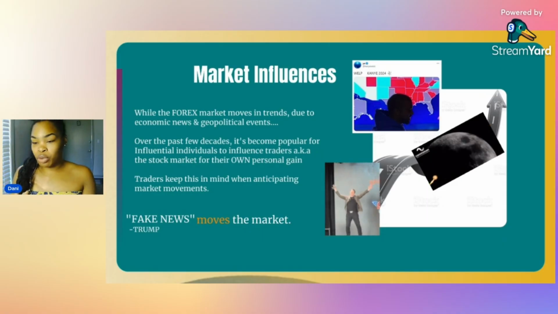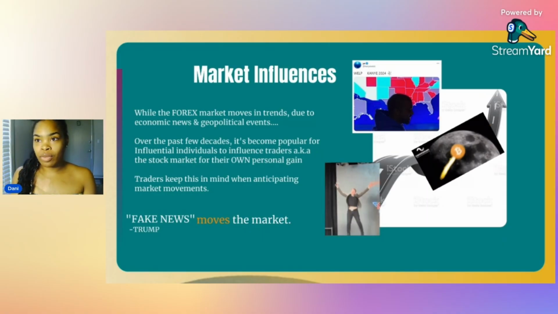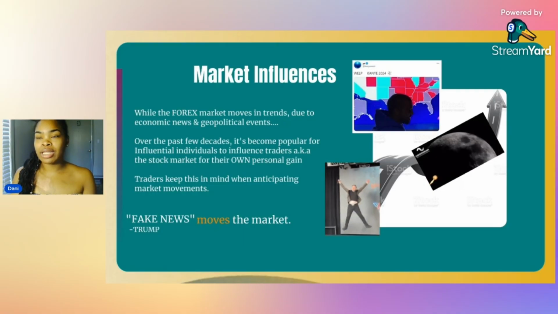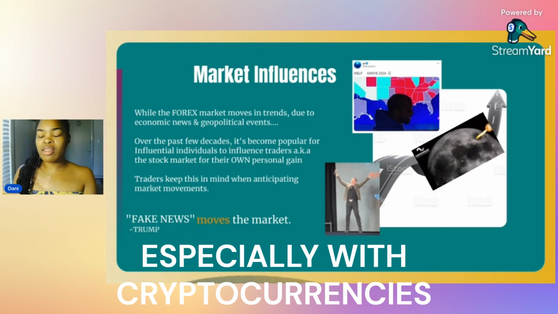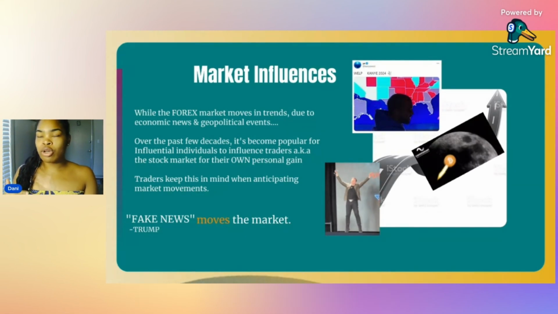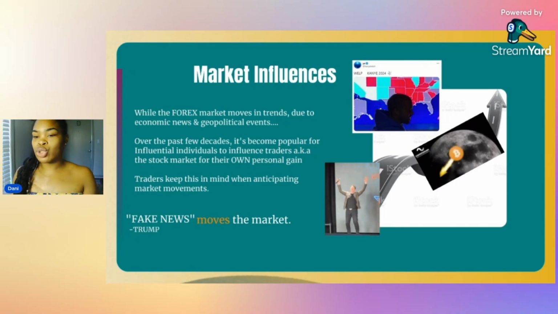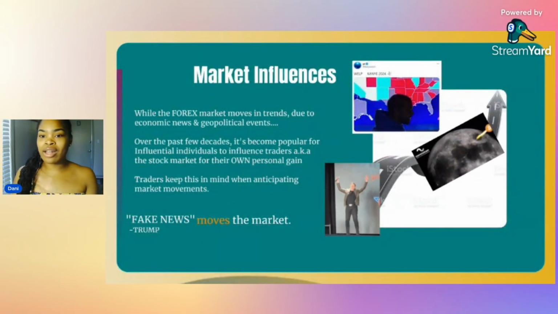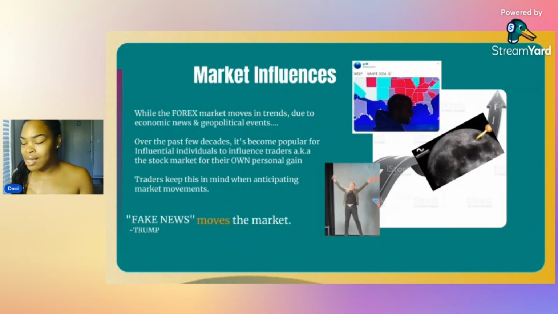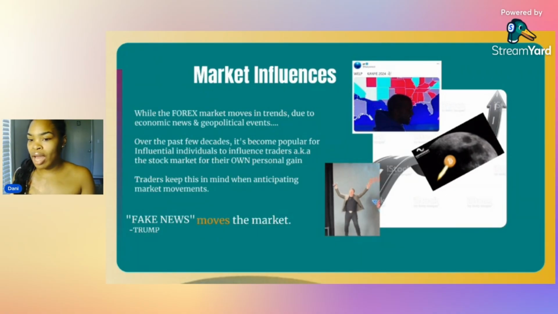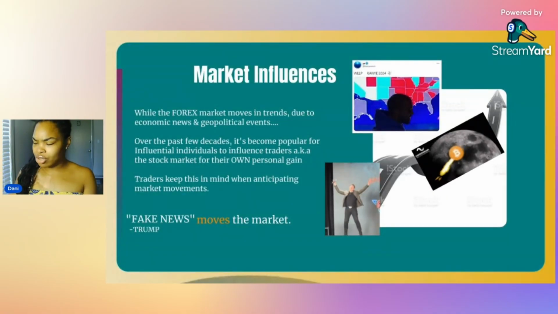Market influence is very important for my beginner traders to understand. When we talk about market influences, social media plays a big role in the volatility that comes, especially with cryptocurrency. Within the past few decades, large corporations and institutions alike have realized that from just a tweet, from just the emotion of what may happen, price starts to change.